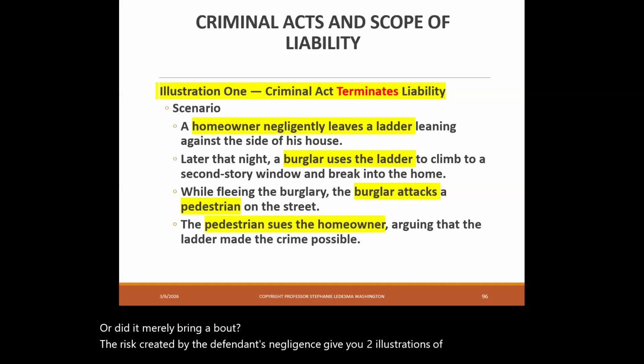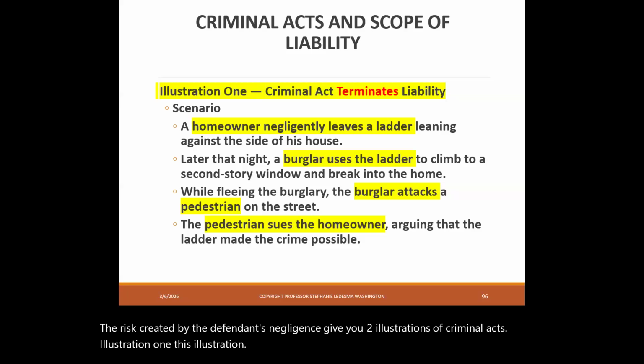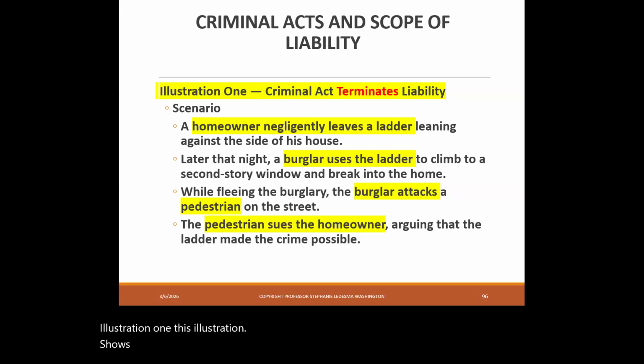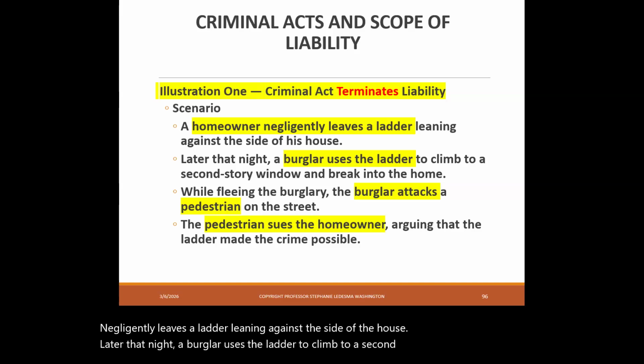Illustration 1. This illustration shows the criminal act terminating liability, breaking the proximate cause chain. Here it is. A homeowner negligently leaves a ladder leaning against the side of the house. Later that night, a burglar uses the ladder to climb to a second-story window and break into the home.